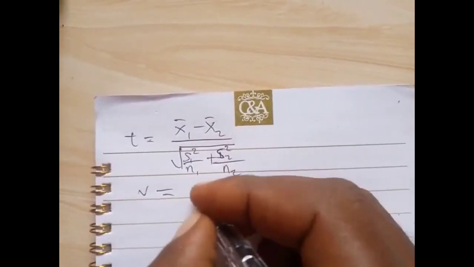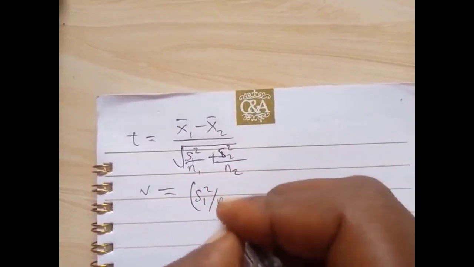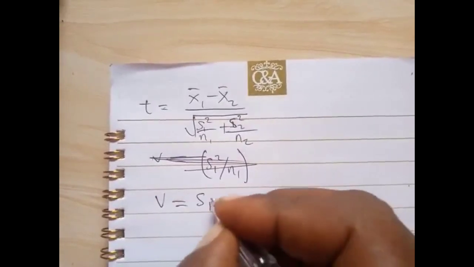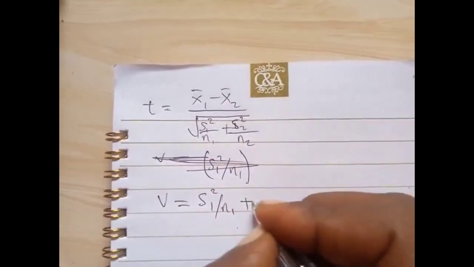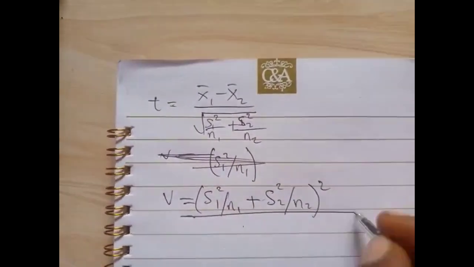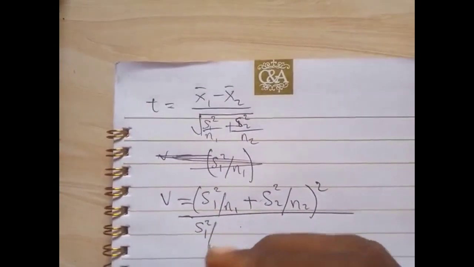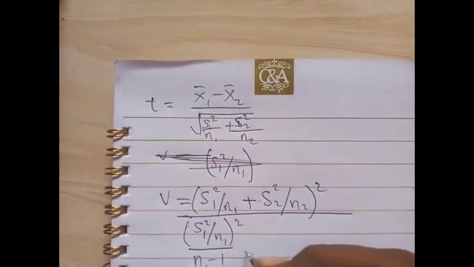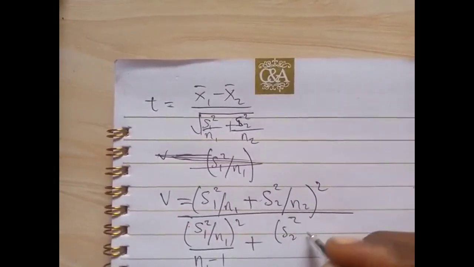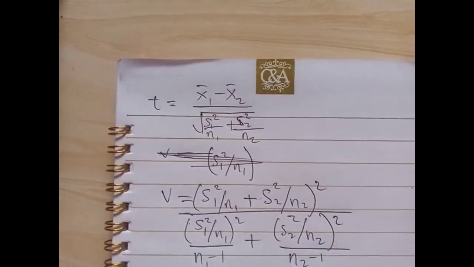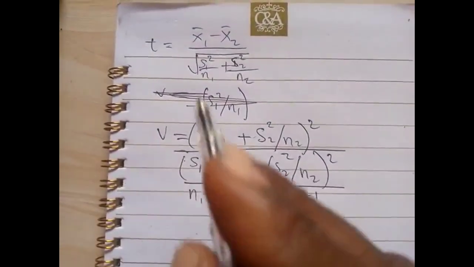But the degree of freedom v will now be a little bit complicated: v equals S1 squared over N1 plus S2 squared over N2, all squared, over S1 squared over N1 all squared over N1 minus 1, plus S2 squared over N2 all squared over N2 minus 1. So this will be the degree of freedom for it.